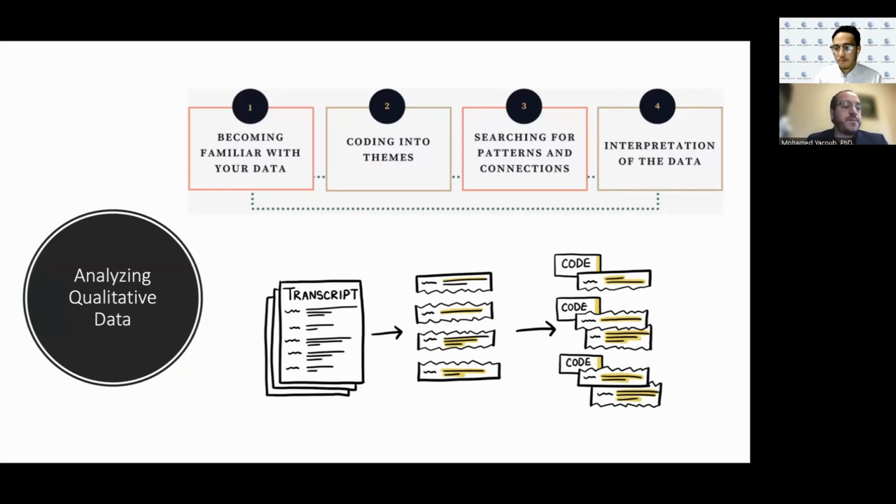You familiarize yourself with the data. Read it over again and again, one time, two times, three times. Try to understand things beforehand, in the beginning, before you start analyzing your data. Read it very well.